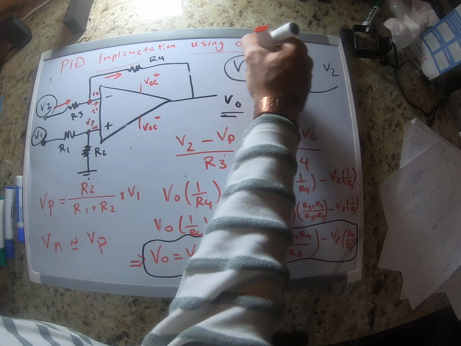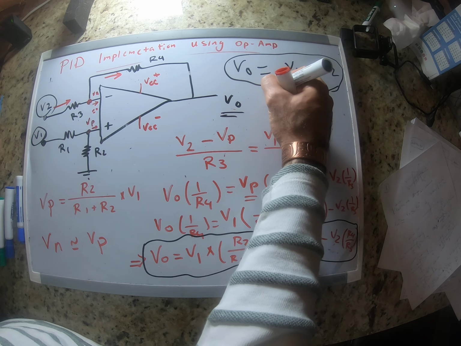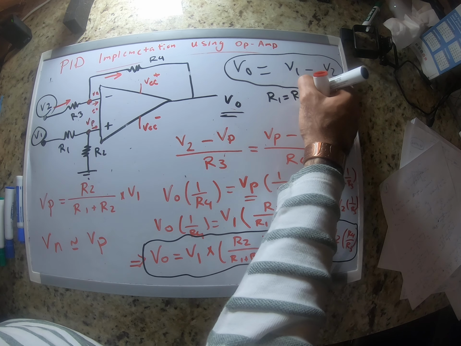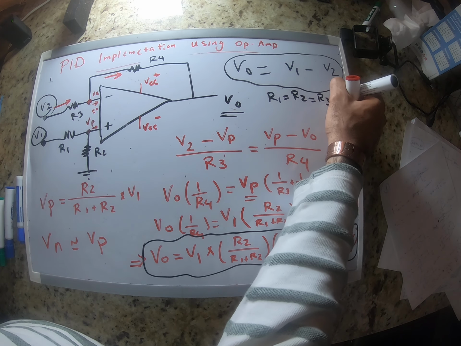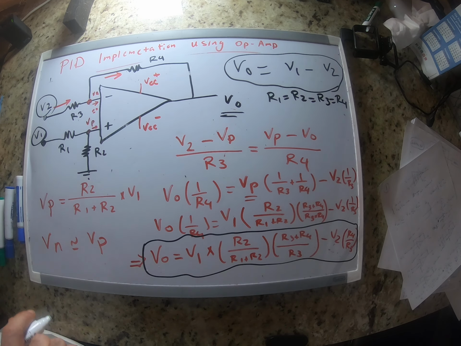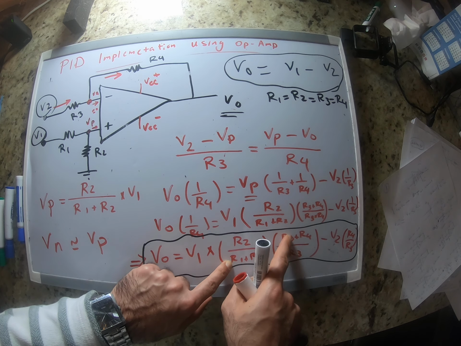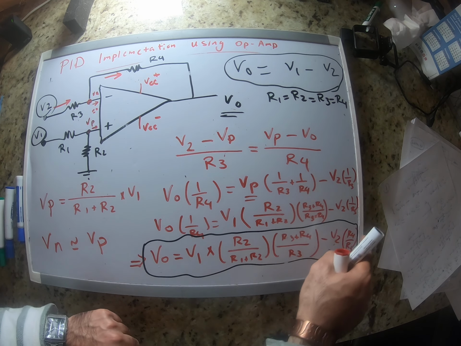So for example, you can choose all of these resistors to be the same. If you choose all of these resistors to be the same, what do we have here? This becomes 1 over 2 multiplied by 2, it becomes 1, and this is 1.